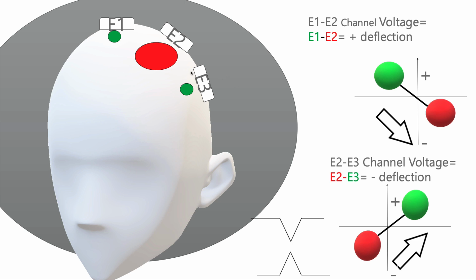Then you have the next electrode pair we're looking at, which is E2 compared to E3. Is this a negative or a positive deflection? Well, this one is a negative deflection. And that's because E2 is more negative than E3. So again, in this Cartesian system, that drops the negative orb down and the positive second electrode orb up, and that points the arrow up.